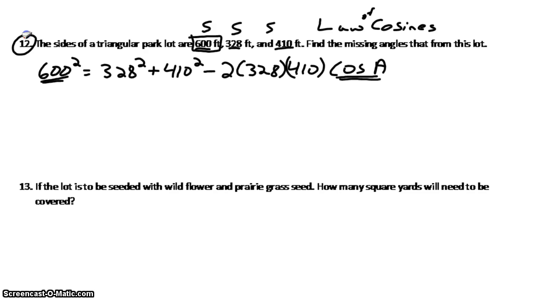So I take the largest side, setting myself up to get the largest angle, and if it's obtuse, cosine is okay to do that when we do inverse cosine or arc cosine.